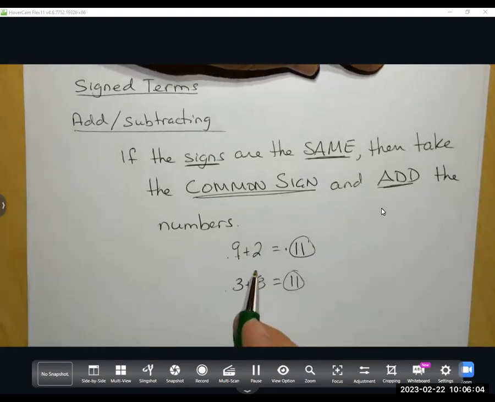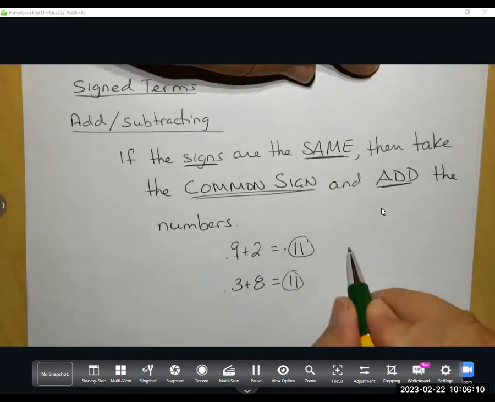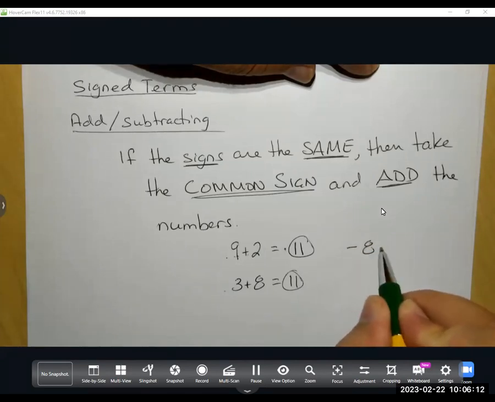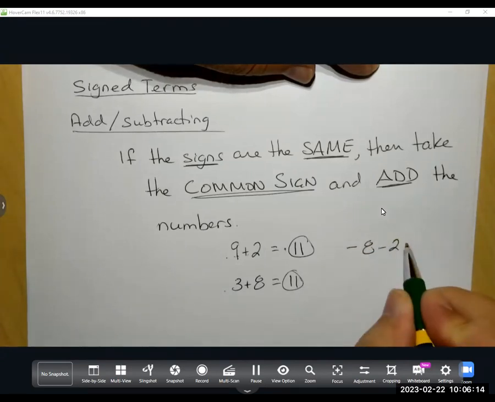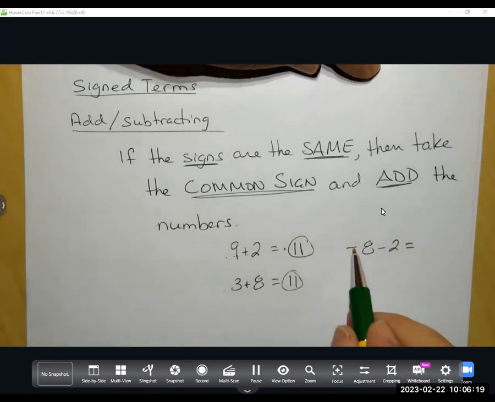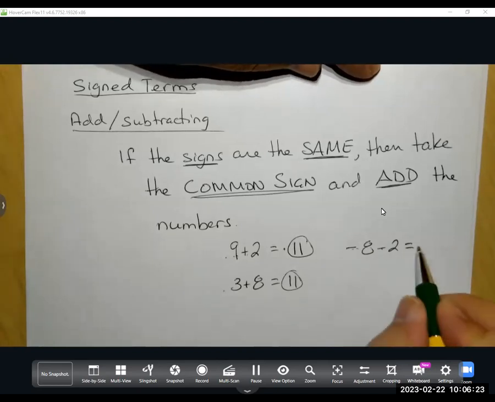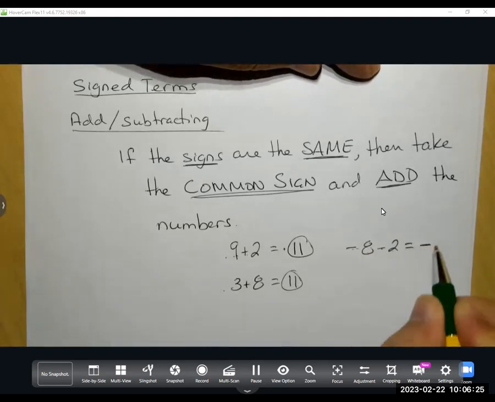I did this because it doesn't matter how they're arranged, the smaller number first or the bigger number first. Here, they're both negative. So the answer is going to be negative. Add the numbers.